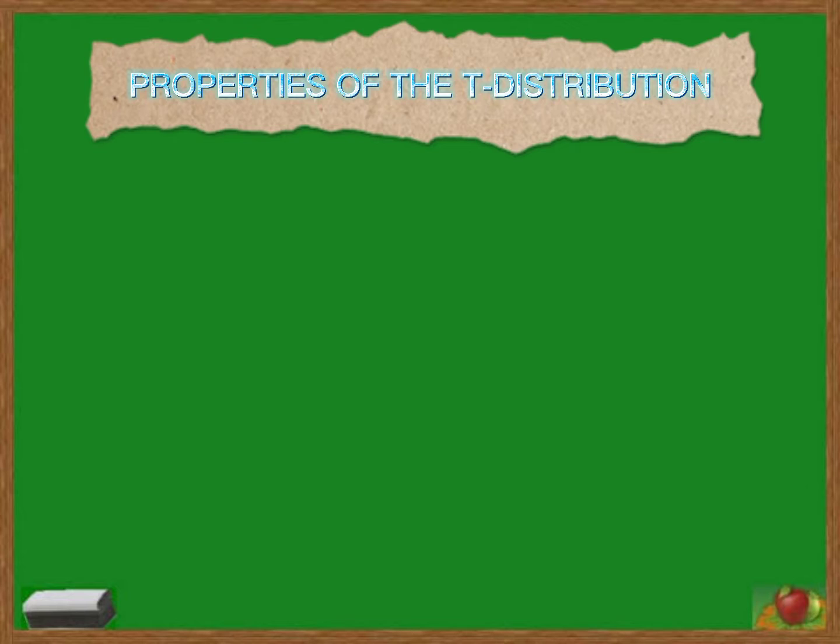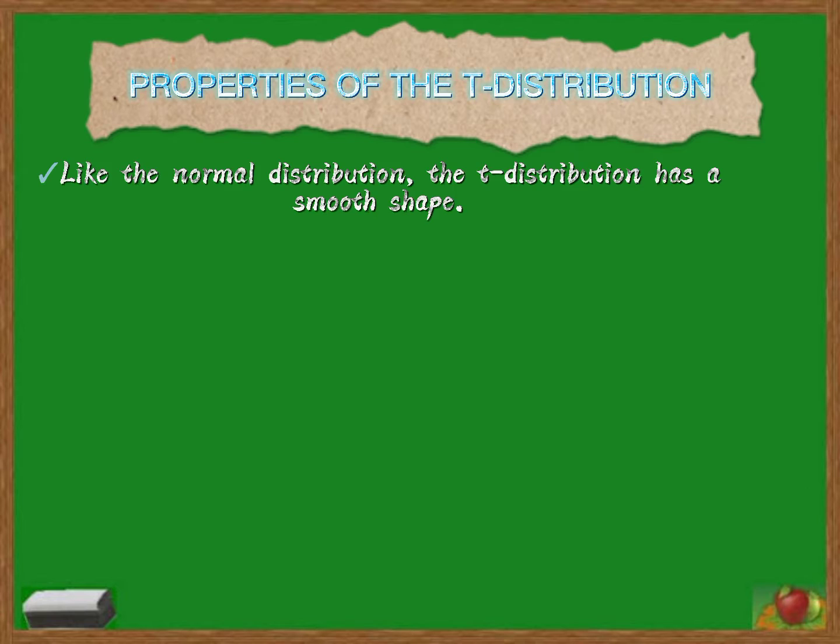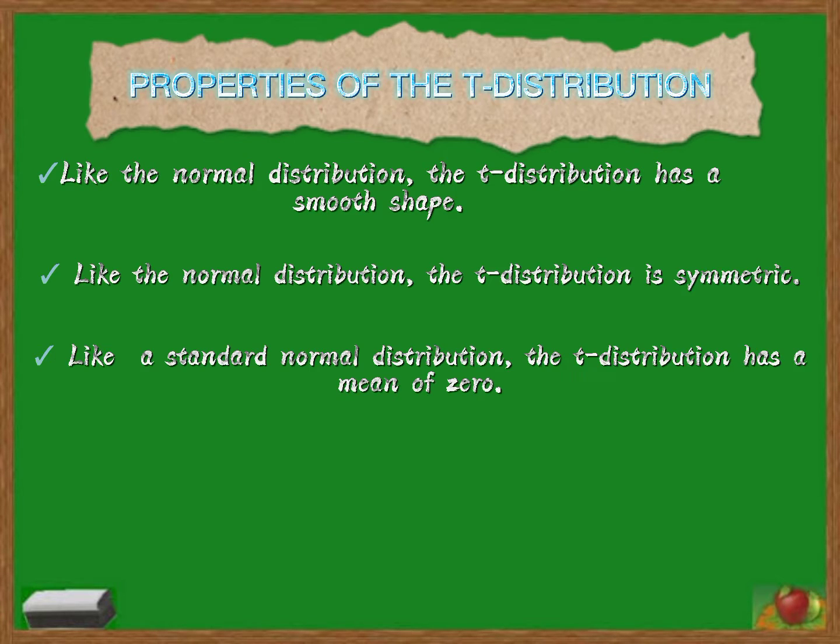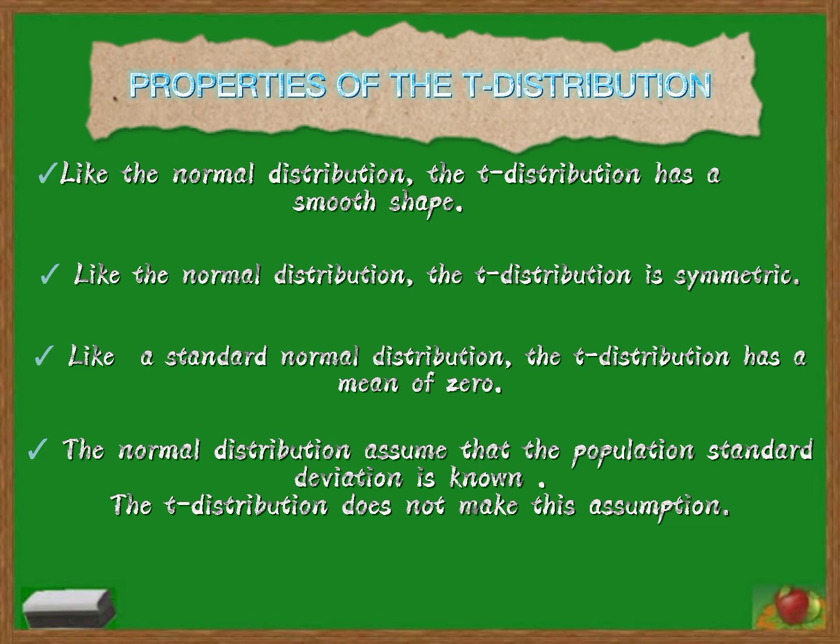Properties of the t-distribution. Number 1. Like the normal distribution, the t-distribution has a smooth shape. Number 2. Like the normal distribution, the t-distribution is symmetric. If you think about folding it in half at the mean, each side will be the same.